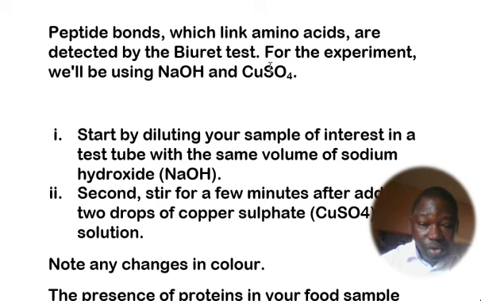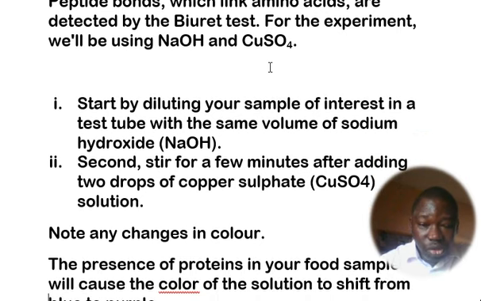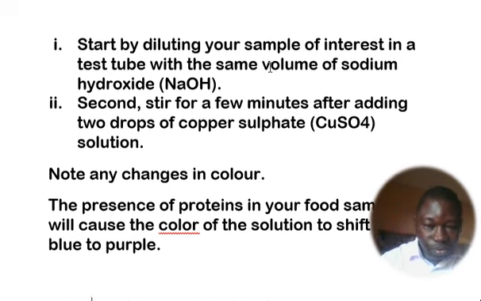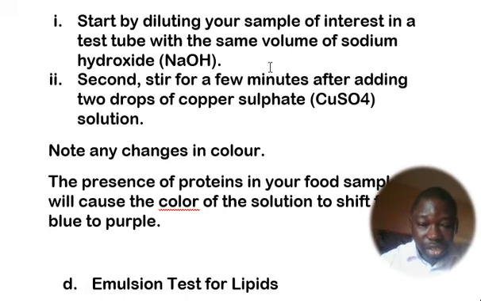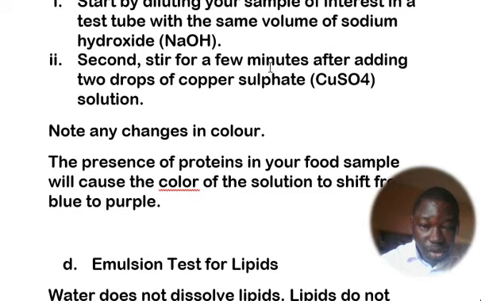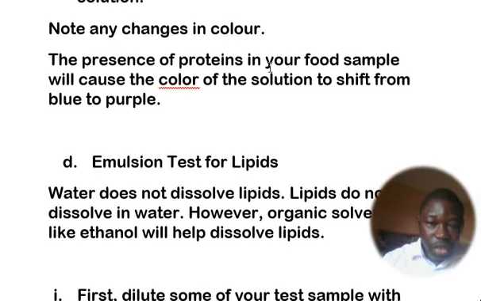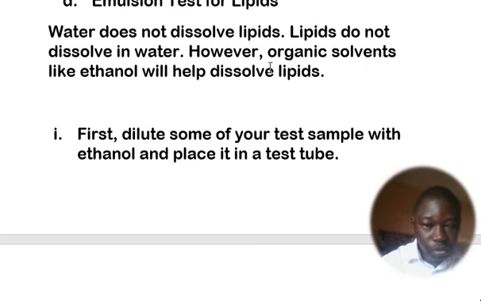Second is to stir for a few minutes after adding 2 drops of copper sulfate solution. Then you observe any color changes. The presence of proteins in your food sample will cause the color of the solution to shift from blue to purple. If the test is negative for protein, the blue color will be retained.